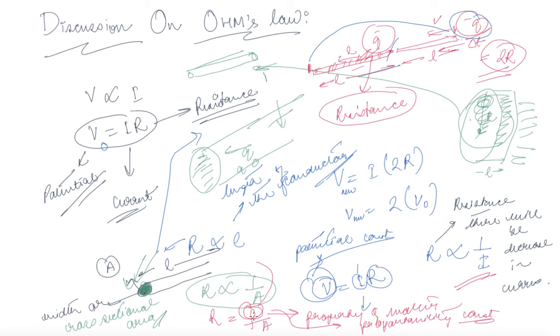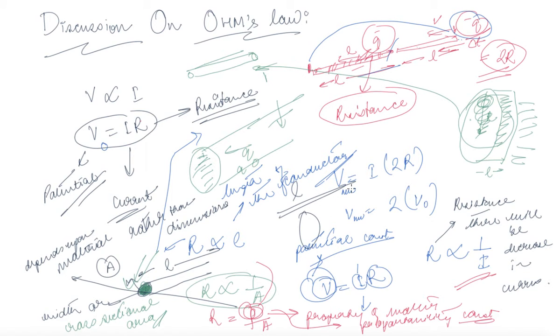This rho depends upon what type of material it is, rather than your dimensions. That is, it doesn't matter whether the material has this much length or this much width or this much cross-sectional area. This rho is dependent upon the quality of the material. So this is what we can understand or what we can derive further from Ohm's law.